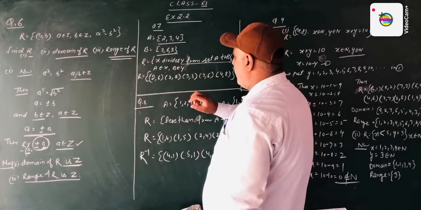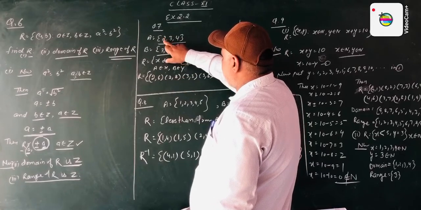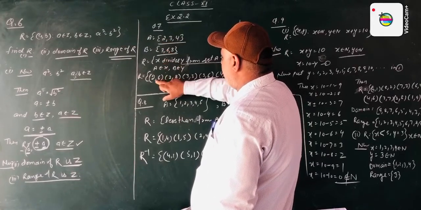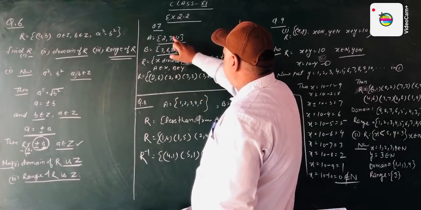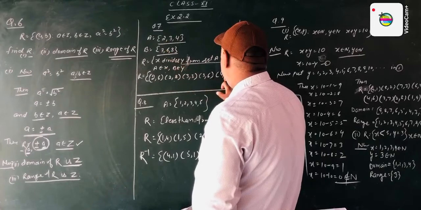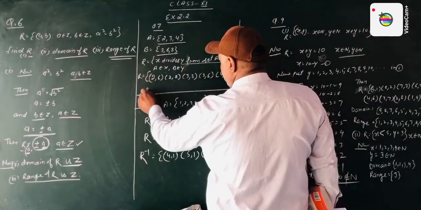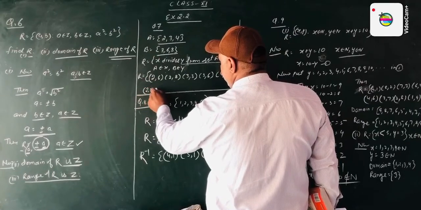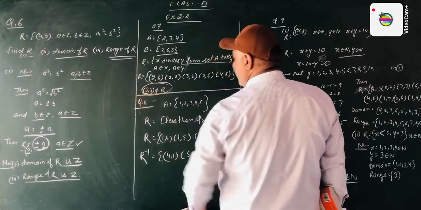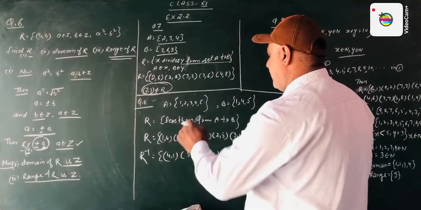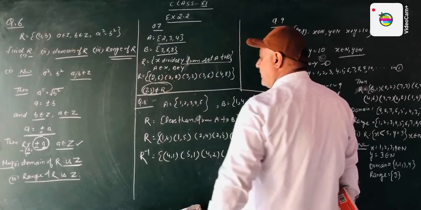Now we find the ordered pairs: 2 divides 6 completely. 2 6, 2 8, 3 6, 3 3 and 4 8. Others, if we take 2 3, then 2 3 is not an ordered pair, does not belong to R, because 2 does not completely divide 3. We do not take these pairs; we take only these pairs in the relation R.